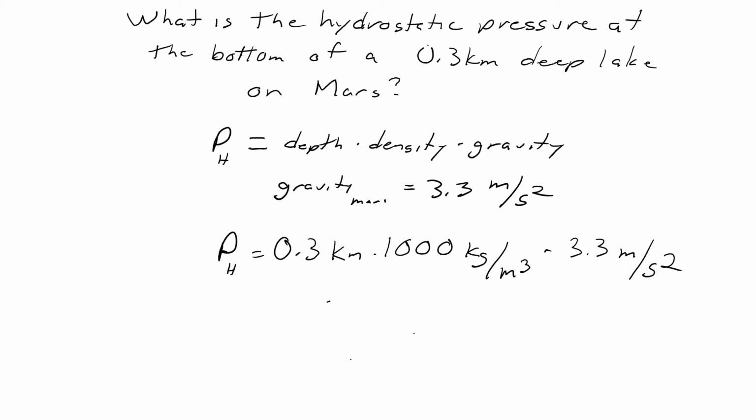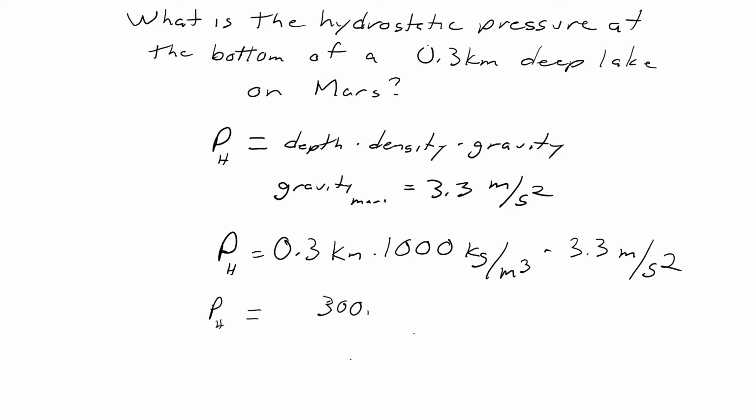Okay, so the first thing that hopefully you noticed was our depth term isn't in meters, right? So we need to change that to meters so that the units come out right in the end. If we take 0.3 kilometers and turn it into meters, how many meters is that going to be? 300.